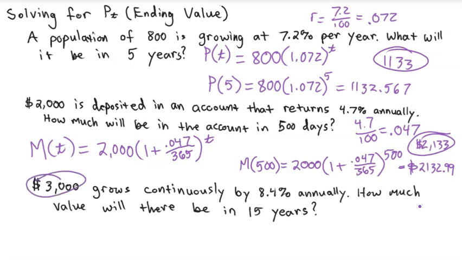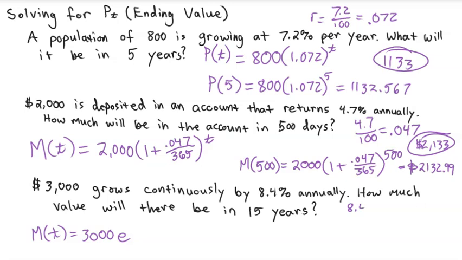Now let's do this one. This says $3,000 grows continuously. Continuously means e. By 8.4% annually, how much value will there be in 15 years? We don't have to do a conversion here because this is a yearly rate and we're asking about years. So money over time is going to be, since it's continuous, our starting value of 3,000, times e to the power of our rate, 8.4%.